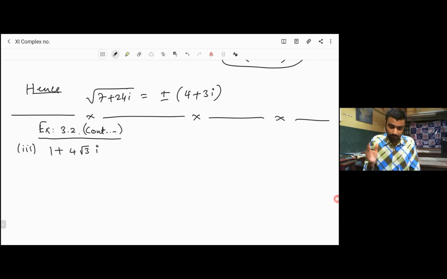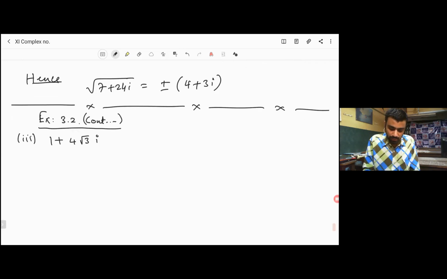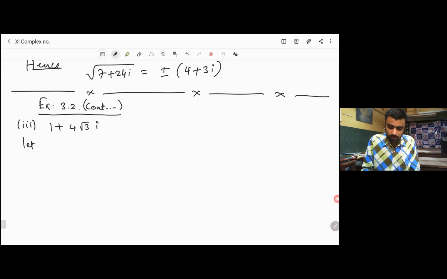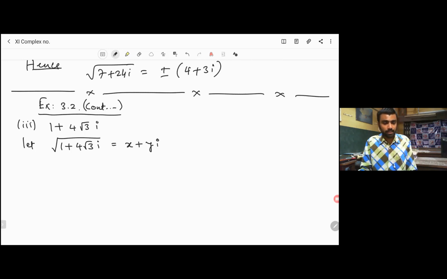It is separate. Now this is again the same procedure we have to apply that we have already done in the two questions. Let the square root of 1 plus 4 root 3i be equal to x plus yi.